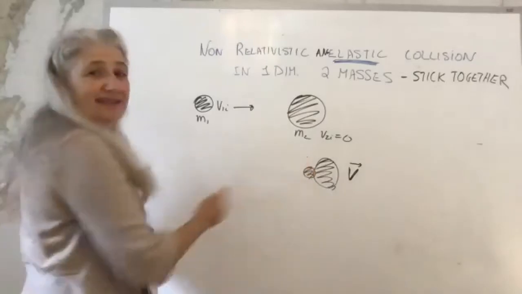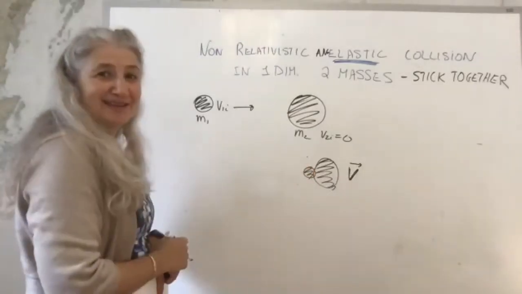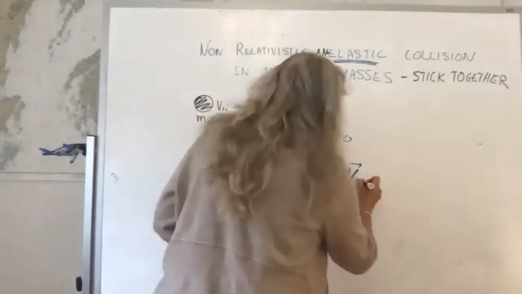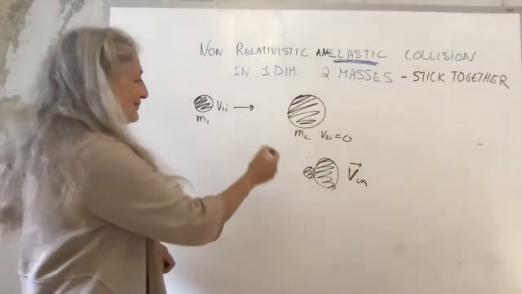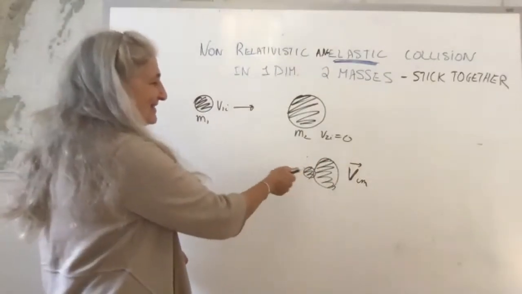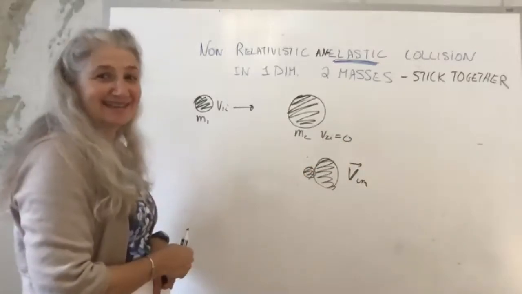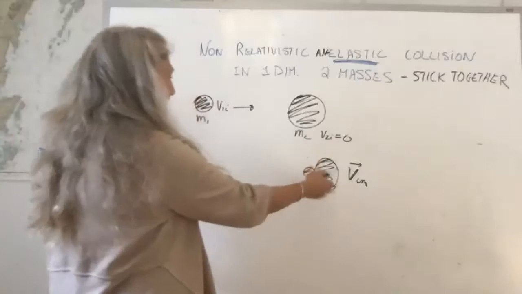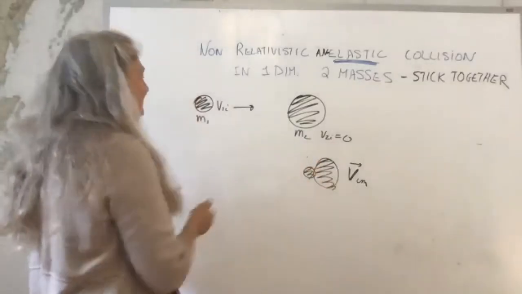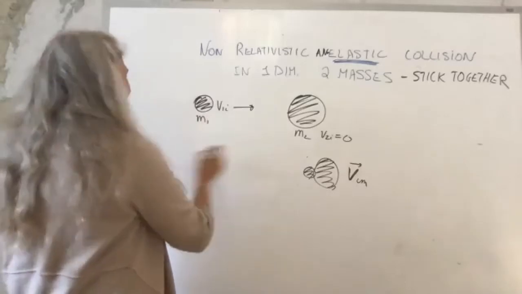Since they're stuck together, what's coming out has to be at the center of mass. So this together is one mass. Conservation of momentum means the velocity of whatever's leaving is actually the center of mass velocity. So that's convenient. If we want to figure out what velocity they leave with after the collision, all we have to do is compute the center mass velocity.